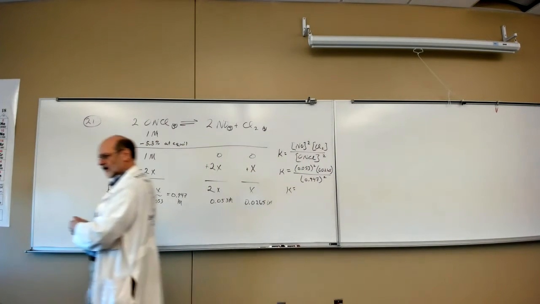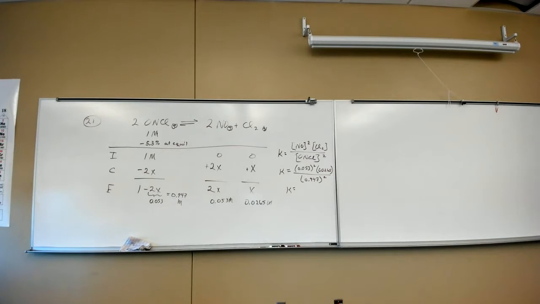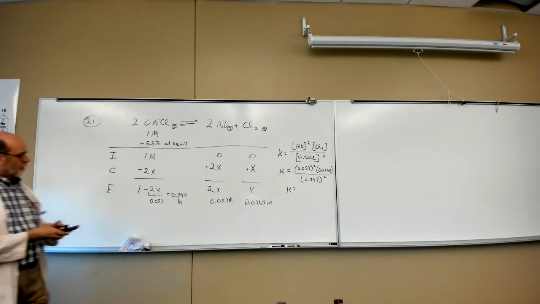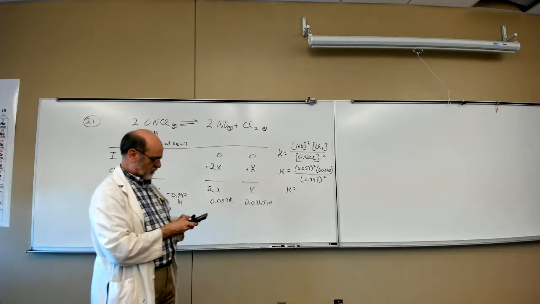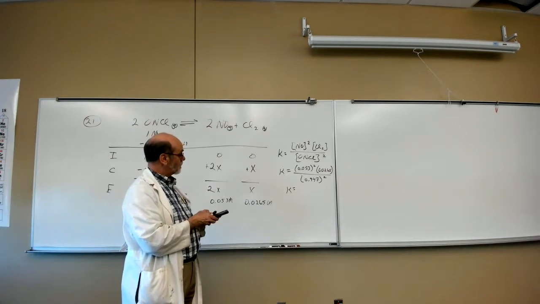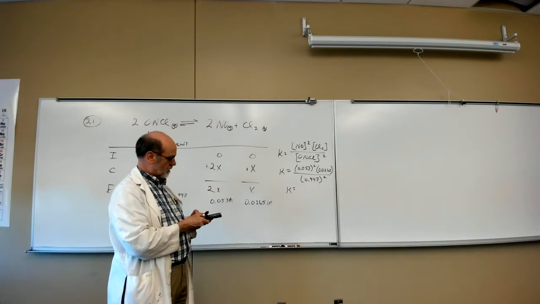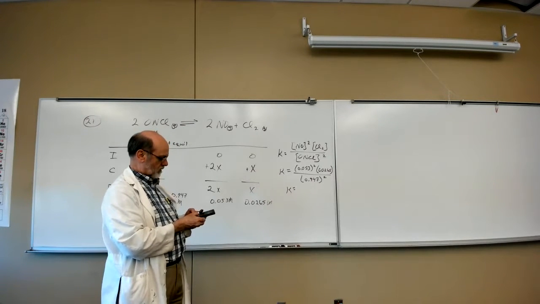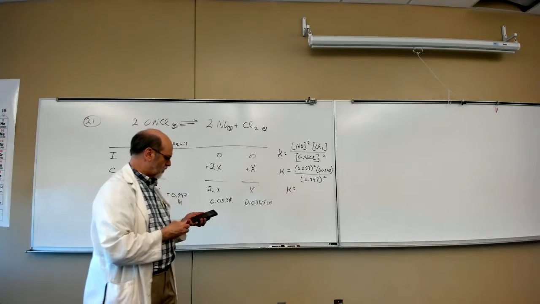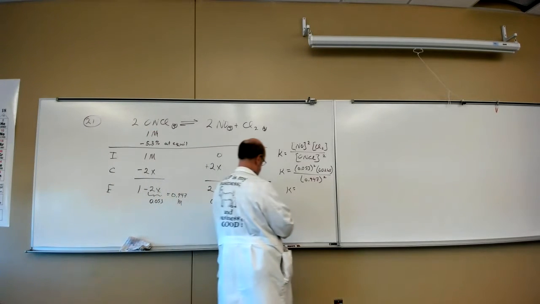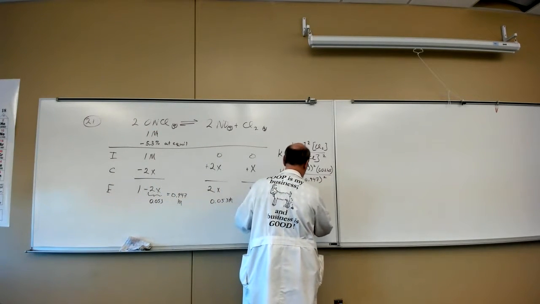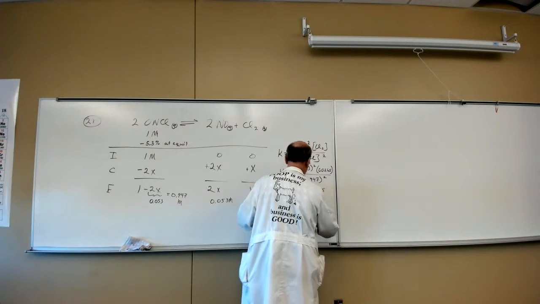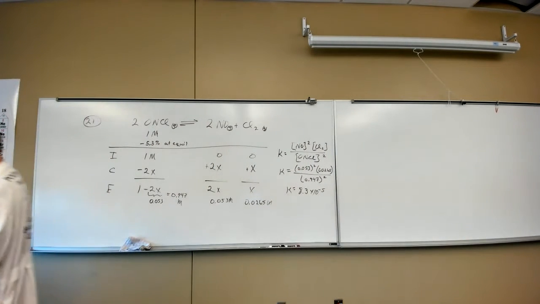Now, I'll see if I get the same value as here. 0.053 squared and 0.0265, 0.947 squared. So I get 8.3 times 10 to the minus fifth. Yeah, close enough, 10 to the minus 5.